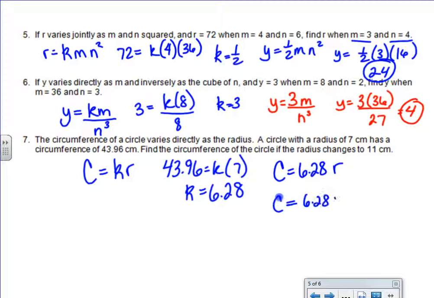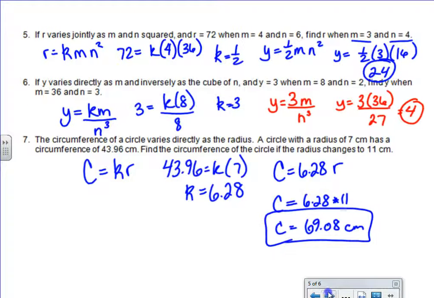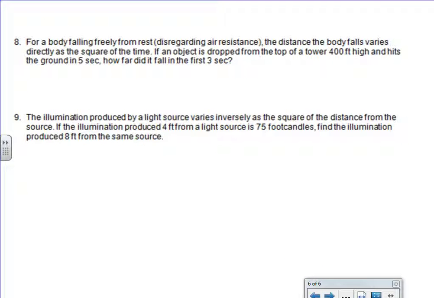So we're going to approximate. Oh, and we get approximately 69.08 centimeters. There you go. And then these problems are the same sort of setups. We just have to be really careful how we read. So a body falling from rest, the distance varies directly as the square of the time. So distance varies directly as the square of the time.